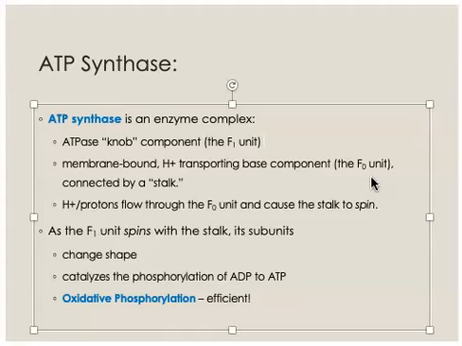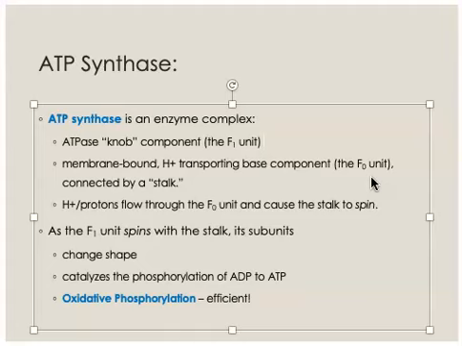So the hydrogen ions that have been built up inside the intermembrane space are going to flow back into the matrix of the mitochondria through the F0 subunit, through that channel in the membrane. And as they flow, the energy that is stored in this gradient is going to be transformed into kinetic energy.